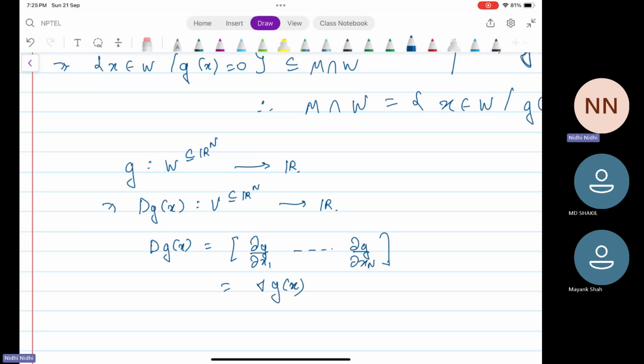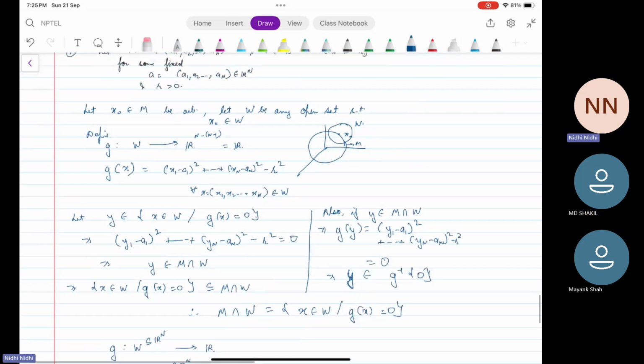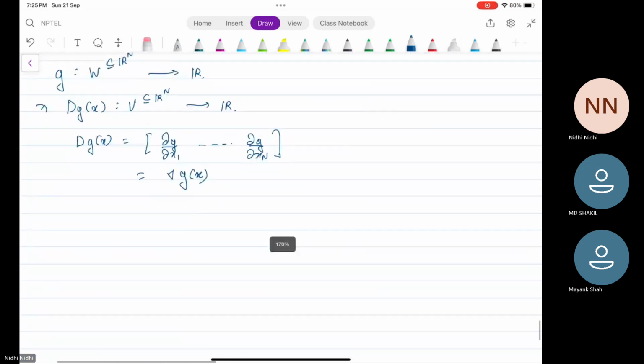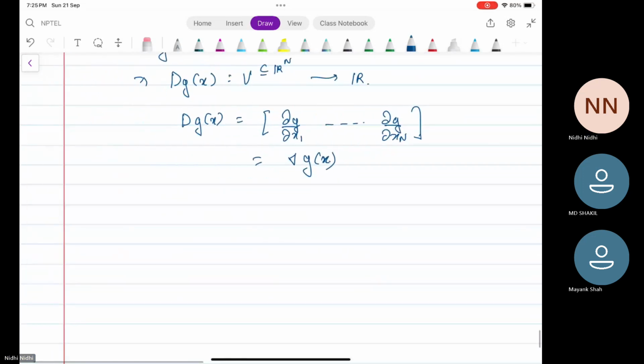We want its rank to be equal to 1. So when will the rank be 1? When the gradient is non-zero. So the gradient should be non-zero on M intersection W. Now let's see what is happening at M intersection W. Basically del g by del x1 is equal to 2 times x1 minus a1.